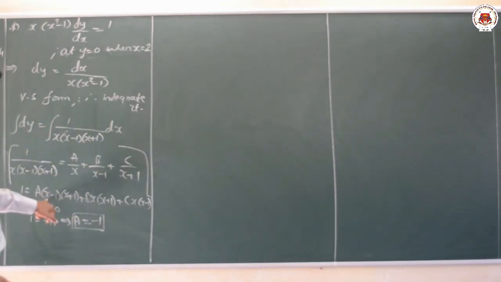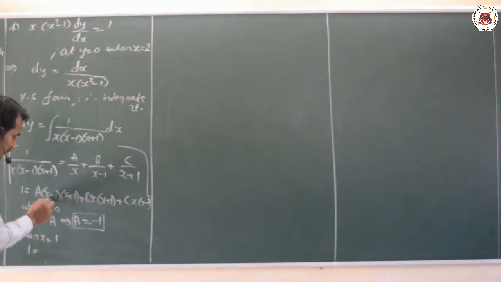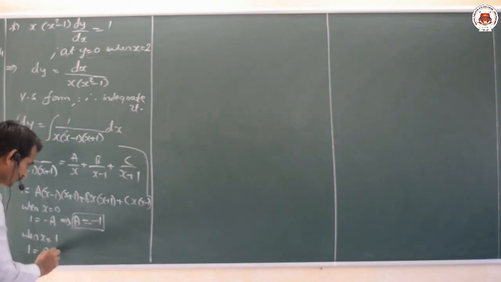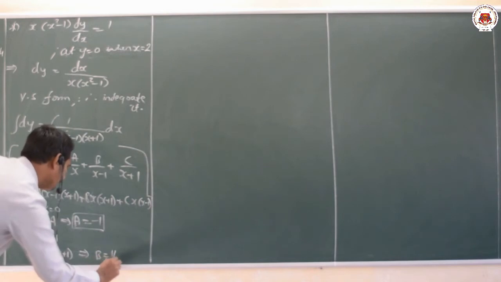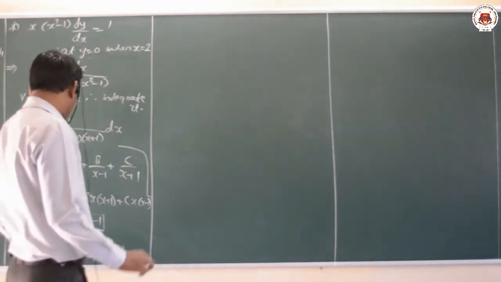Similarly, when x equal to 1, 1 equal to b into (1 + 1), the other terms being 0, that implies b is equal to 1/2. What do we get for b? b is 1/2.